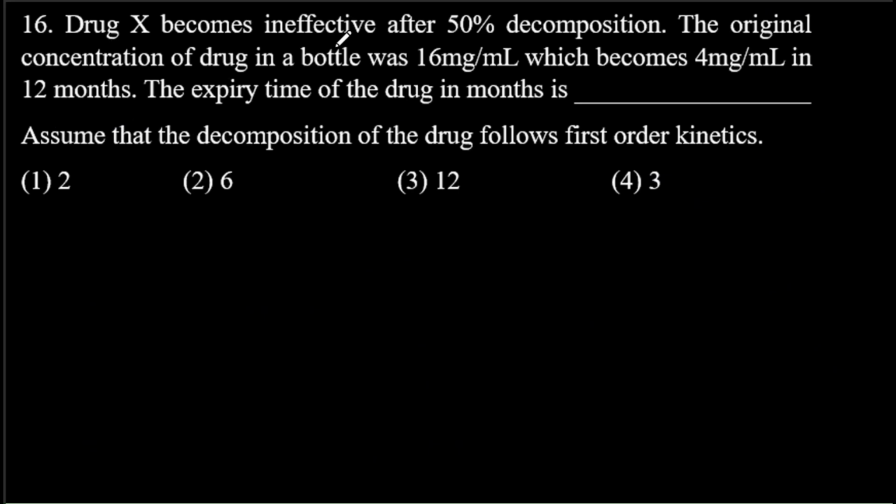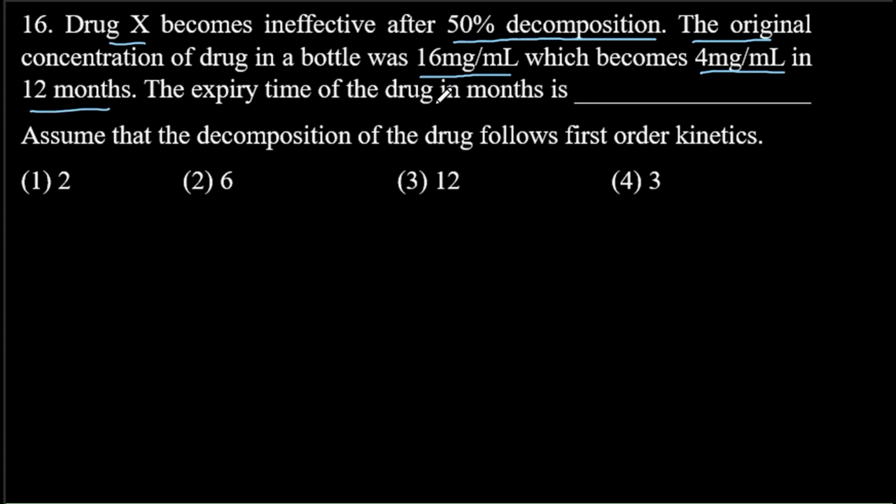Drug X becomes ineffective after 50% decomposition. So 50% decomposition means we can tell that after the half-life of this drug X, the drug becomes ineffective. The original concentration of drug in bottle was 16 milligram per milliliter, which becomes 4 milligram per milliliter in 12 months.